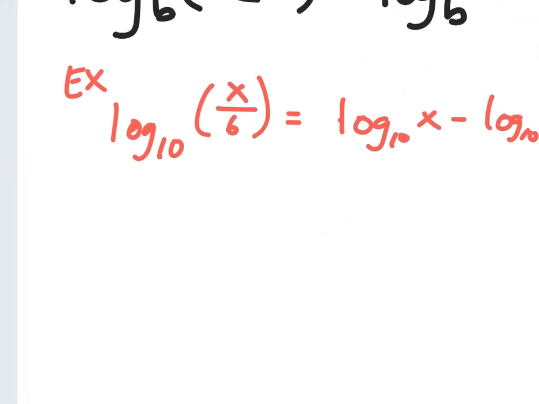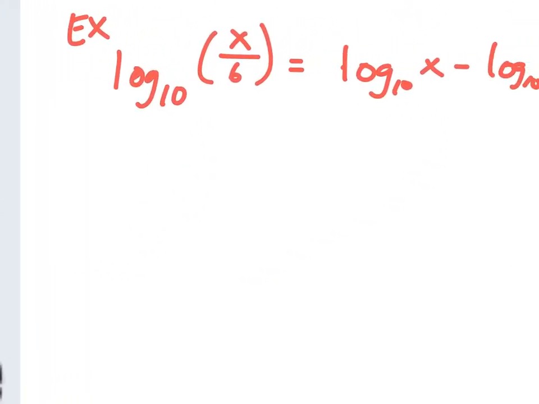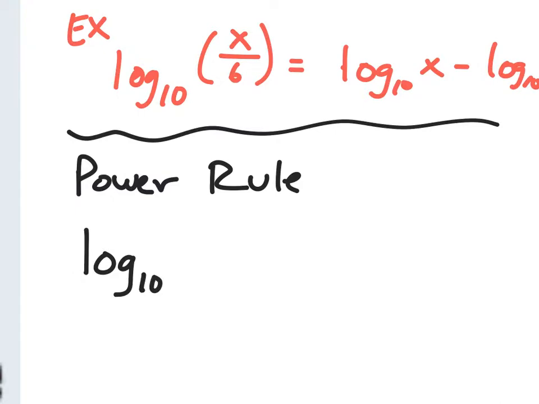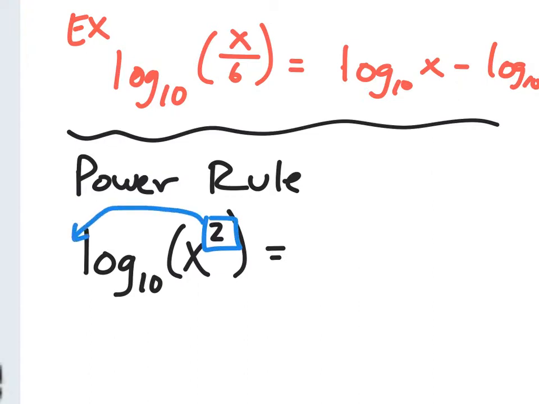All right, the next one that I've got is the power rule. What the power rule states is that if I have, say, log base 10 of, say, x squared, then what I can do is take this exponent and bring it out front as a multiplier.